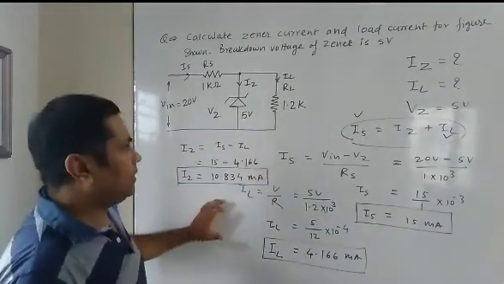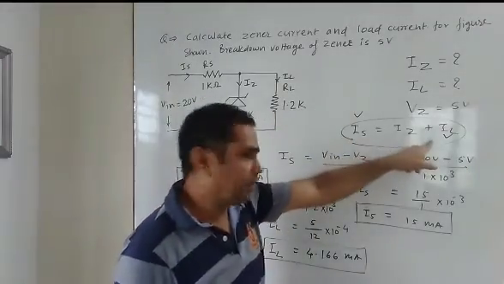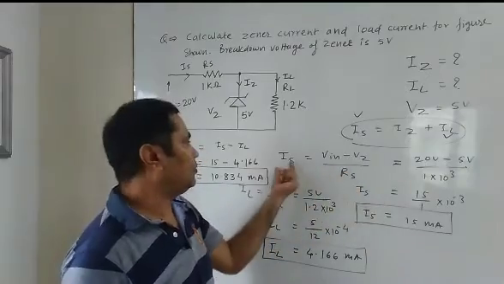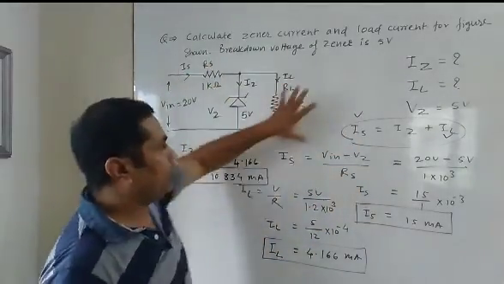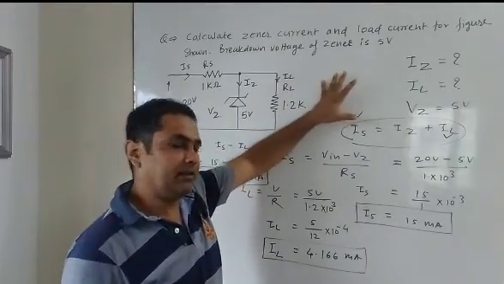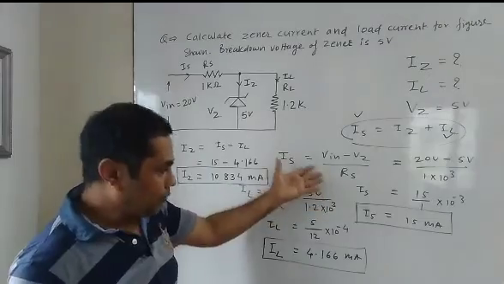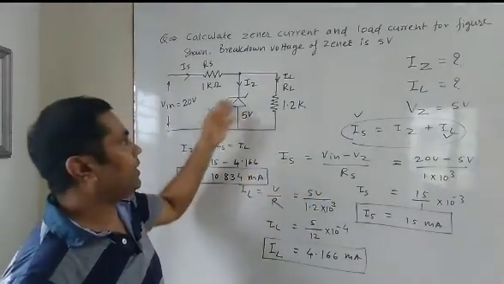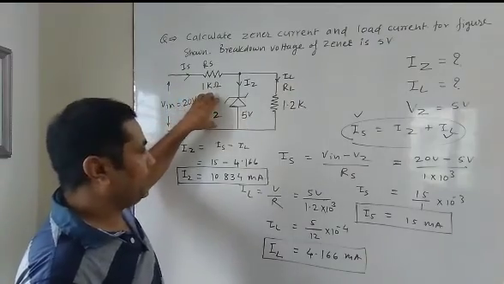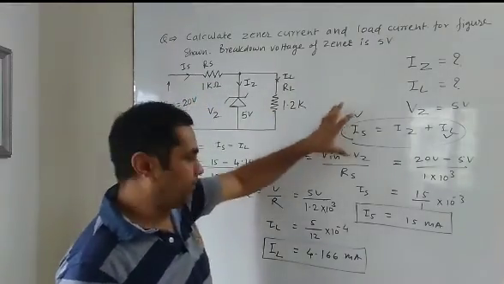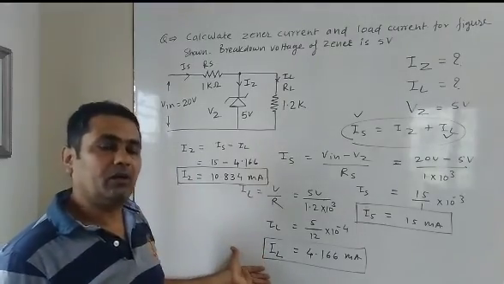Right? So here we have only used two formulas, the KCL equation and the KVL equation, knowing this Is. In this way, any kind of Zener diode numerical can be solved using only these two formulas. How the formulas are created has just been explained. If you know the diagram properly, you can apply the formulas and find the answer. So this is how we can solve any problem on the Zener regulator.